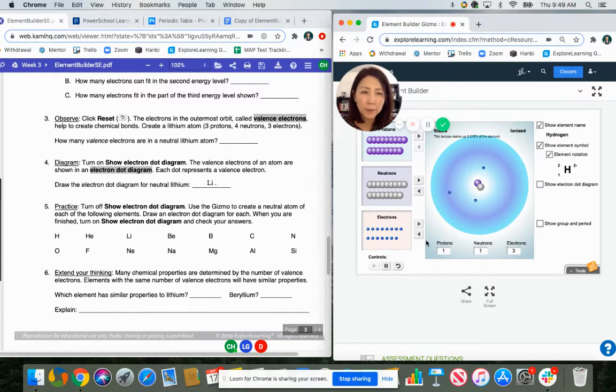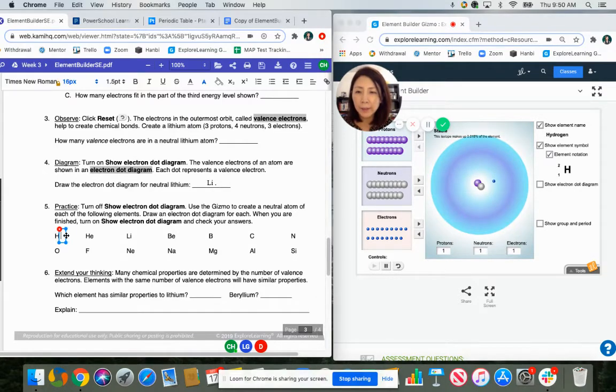So we're going to have similar neutrons and electrons. So hydrogen has 1 electron. That's pretty easy. I don't need to see the electron dot diagram, but if I'm not sure, I could take a little peek at it and be like, yep, I knew that. So you're going to go ahead and do 1 dot here. Okay.